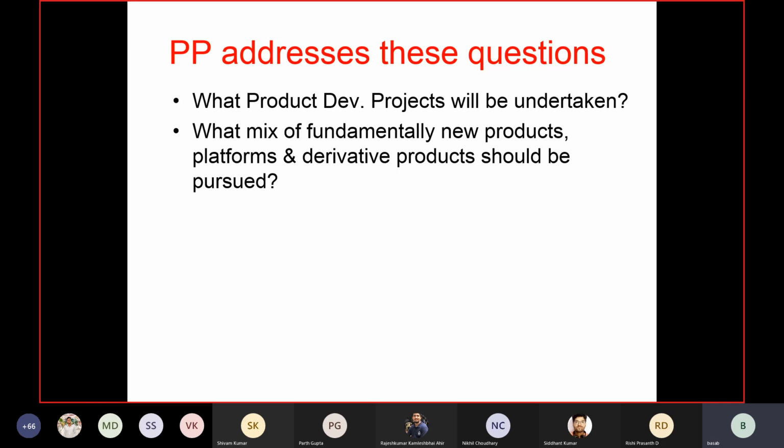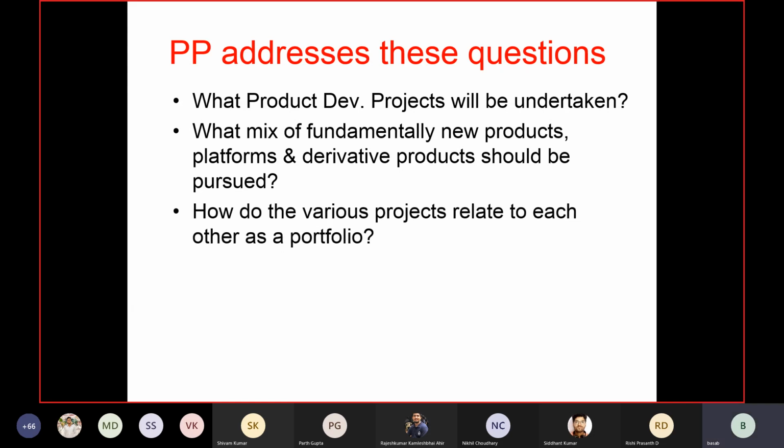And derivative products. So whenever such a problem comes, we don't discard any product idea right away. We will try to accommodate it, but in a fashion which we'll be looking at in this particular topic.